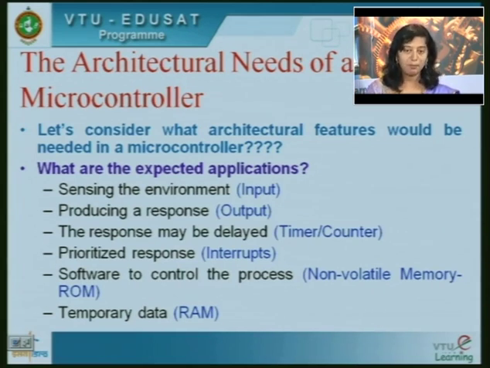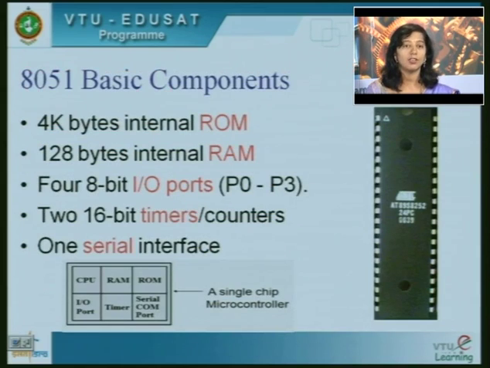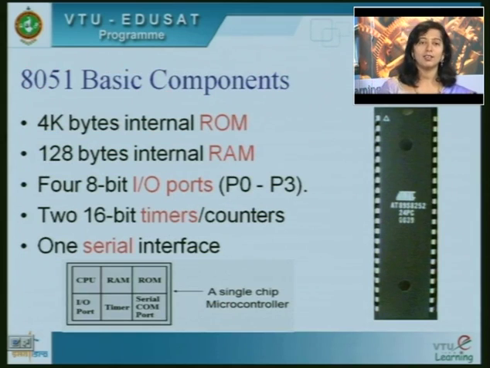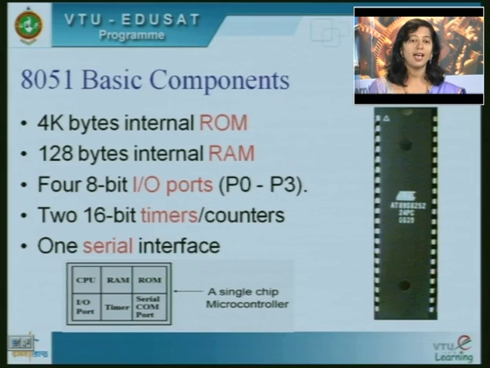All these things can be interconnected using wires or buses. So the basic architecture of 8051 has, as you can see here, a CPU, the central processing unit. This is where all the arithmetic and logical functions are implemented.